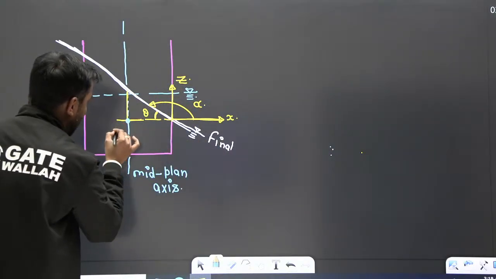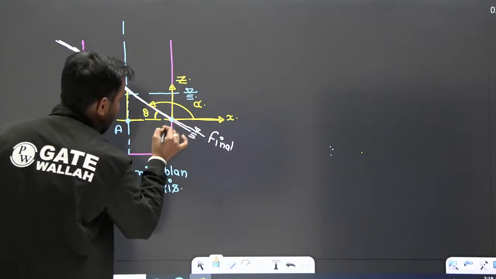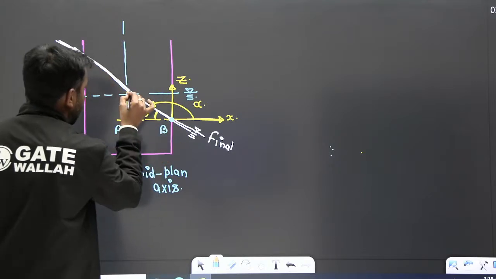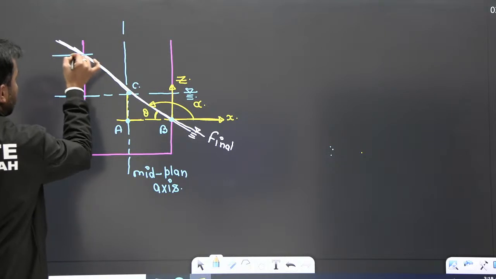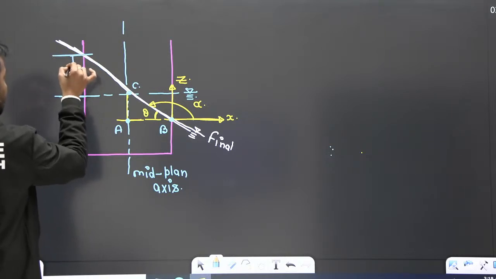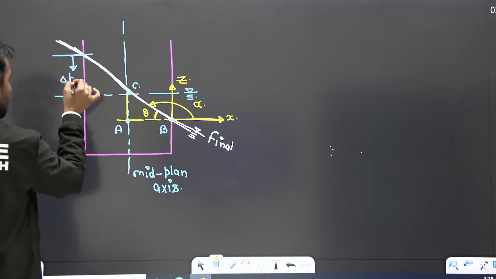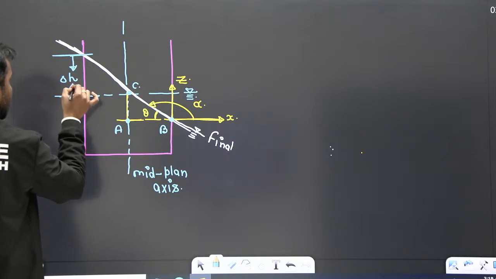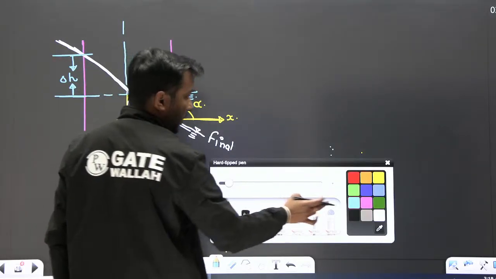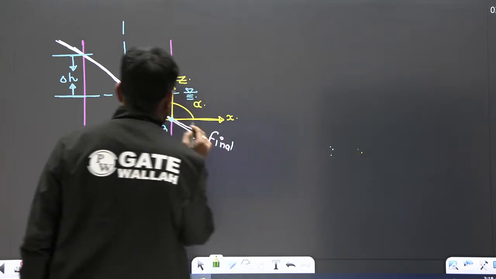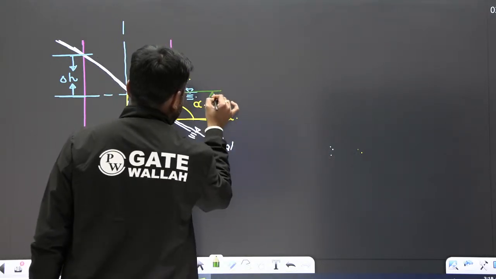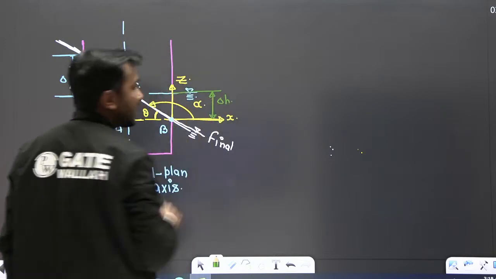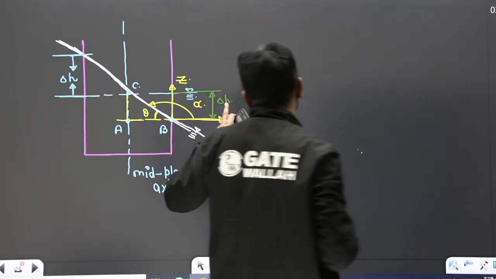This point is point A, and this is point B. So this rise in height is delta H. So first we need to calculate this delta H.